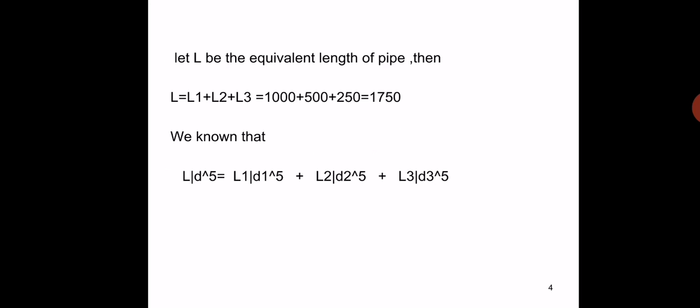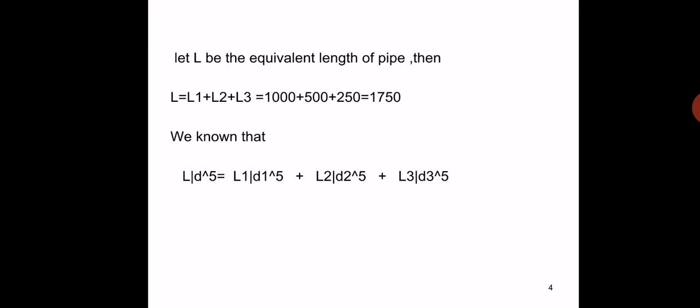So here let L be the equivalent length of the pipe, then it can be written as L is equal to L1 plus L2 plus L3. This is the equivalent definition. What do you mean by an equivalent pipe? The equivalent pipe is of uniform diameter, and its discharge and head loss are equal to the discharge and head loss of the compound pipes.